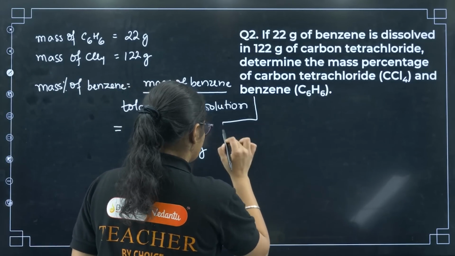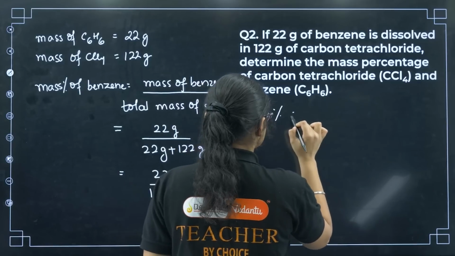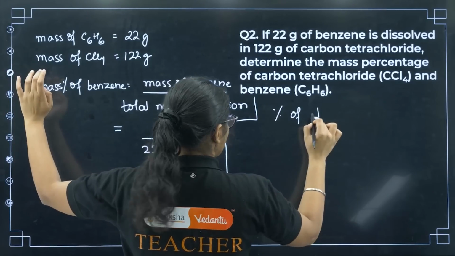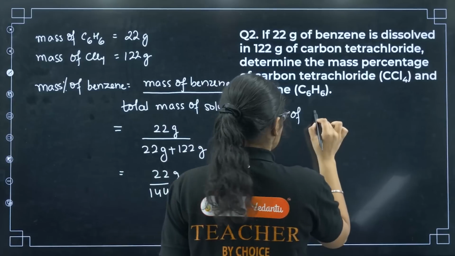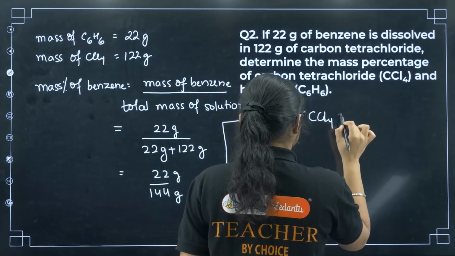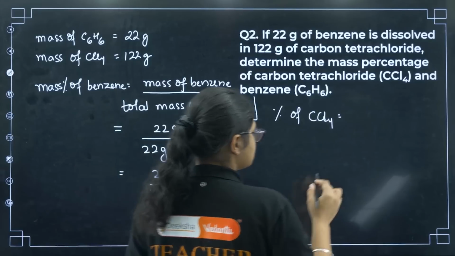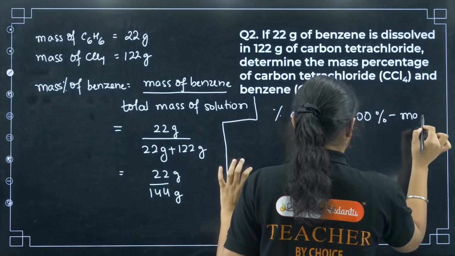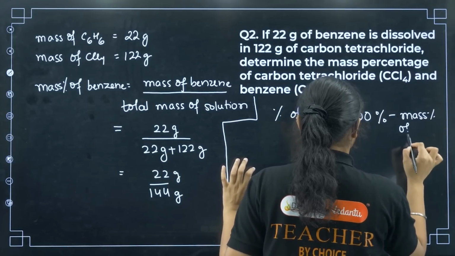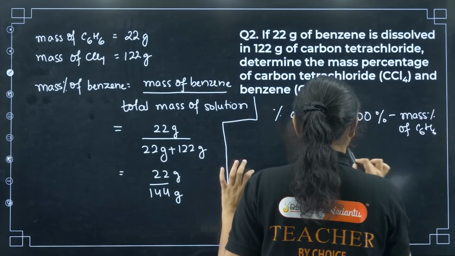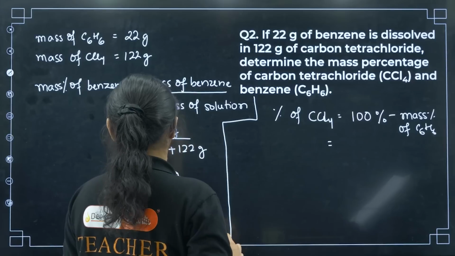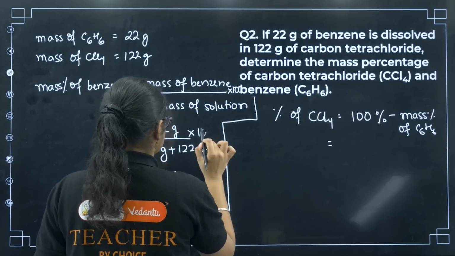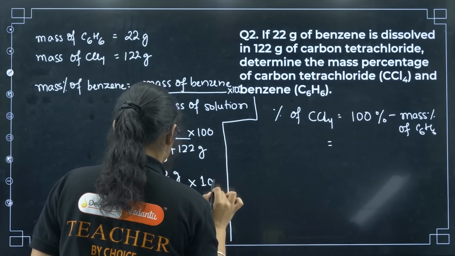Similarly, if I want to calculate the mass percentage of carbon tetrachloride, you can easily do it like this: 100%, minus the mass percentage of benzene. Whatever value you get here, there is a multiplication by 100.